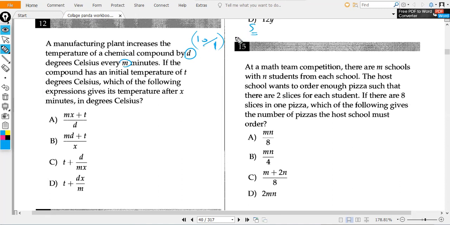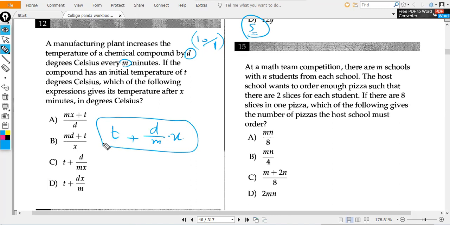Yes. We will multiply them. So I will multiply the rate times the number of minutes. The rate is D degrees over M minutes, D over M multiplied by X. Got it now? And we will add the initial temperature to the expression. Is it clear now? Yes, clear.